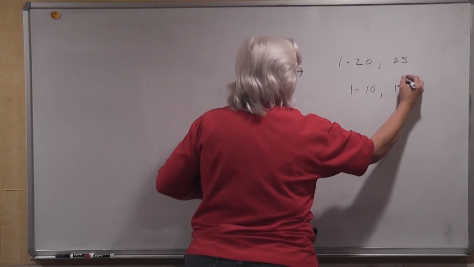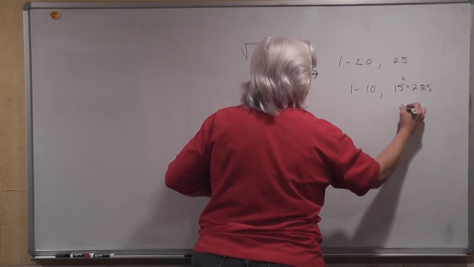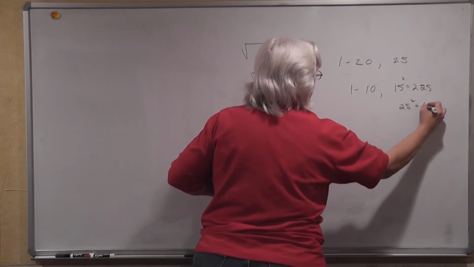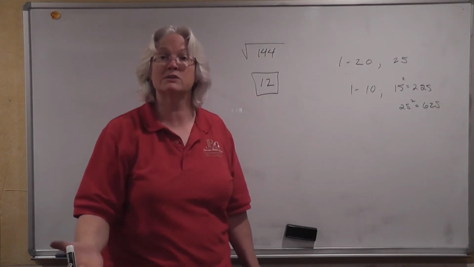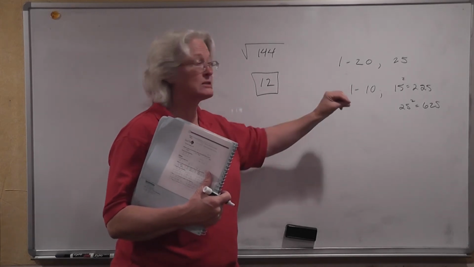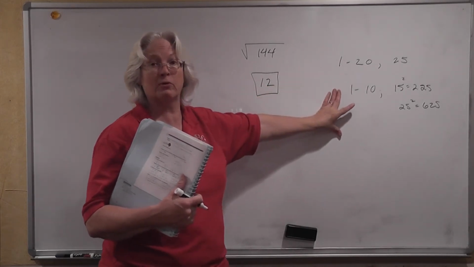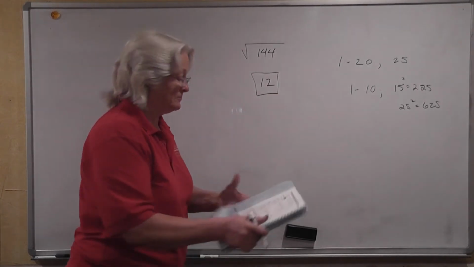I told you earlier that 15 squared was 225. 25 squared is 625. You probably know that 20 squared is 400. You already know most of them, but invest a little bit of time in memorizing your perfect squares, and then finding square roots is very, very easy.